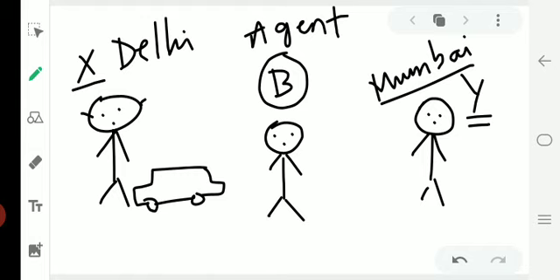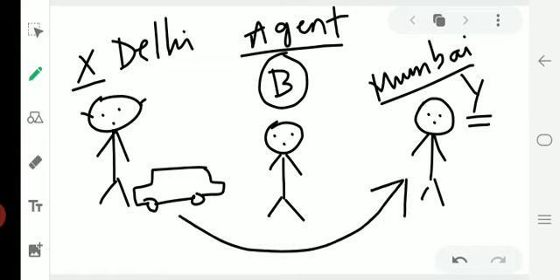This person B knows both X and Y. He comes to know that X wants to sell his old car and Y wants to purchase a second hand car, and he mediates between these two. He brings them into contact with each other, and finally the deal is done.